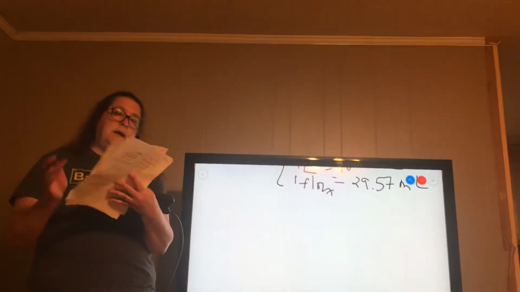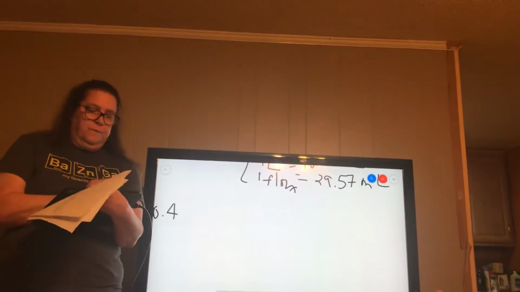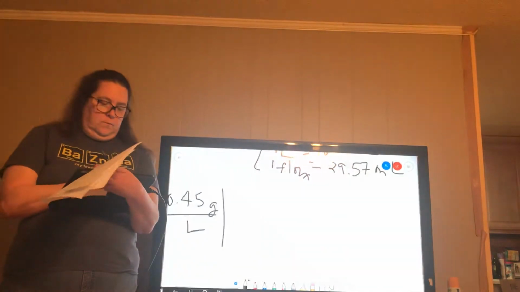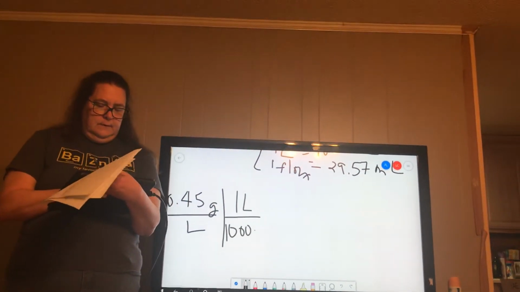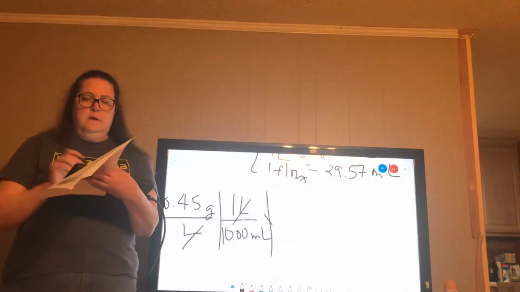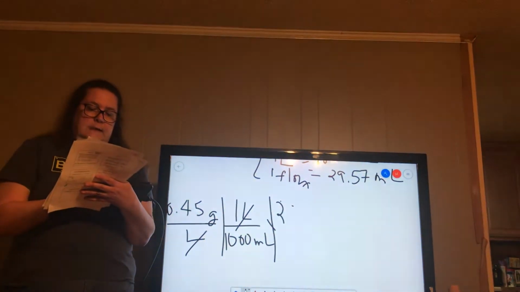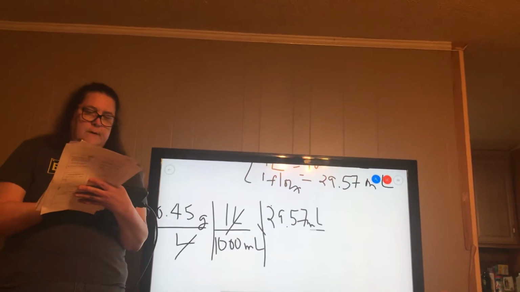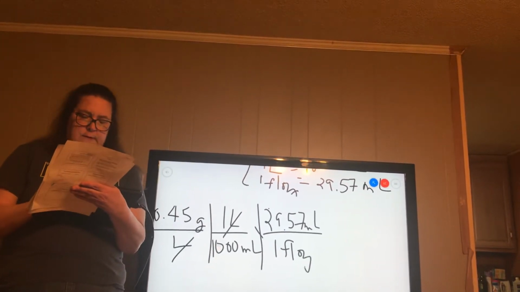Okay, so when I write this out, I have 0.45 grams per liter. 1 liter equals 1,000 milliliters, so the liters cancel out. Then I know that 29.57 milliliters equals 1 fluid ounce.